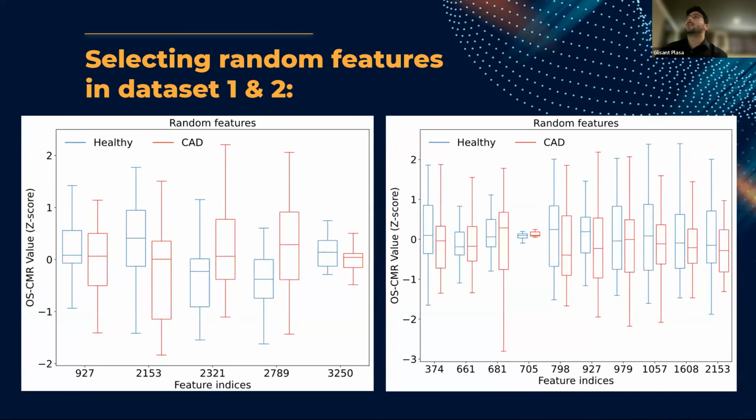I think this becomes clearer here. What we see in these graphs are the randomly selected features for data set 1 and 2 and the distribution for healthy volunteers and patients presenting with coronary artery disease. And what we can see from the distribution here is that there's not a large difference on these randomly selected features.